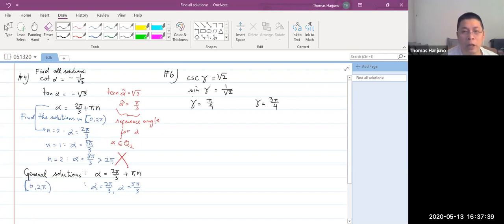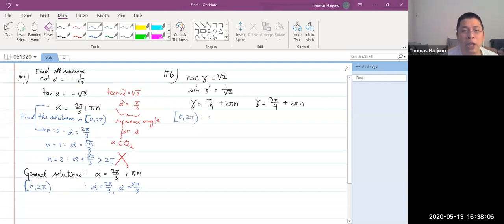Now then, don't forget, I need the general solution, right? So I will say plus 2 pi n, plus 2 pi n. That's the general solution. Now, suppose the actual question is find the solution in the interval from 0 to 2 pi.